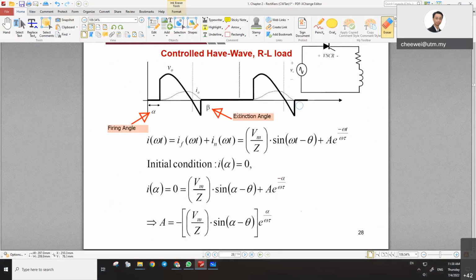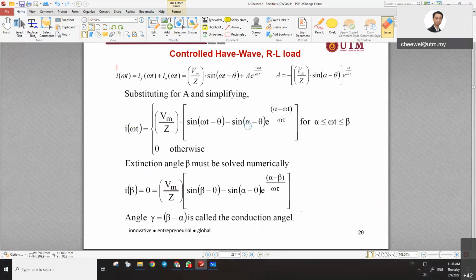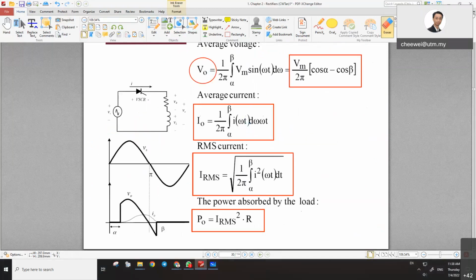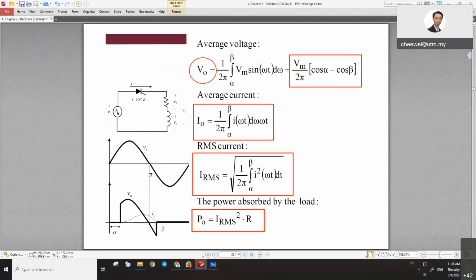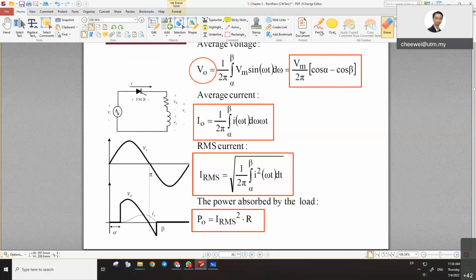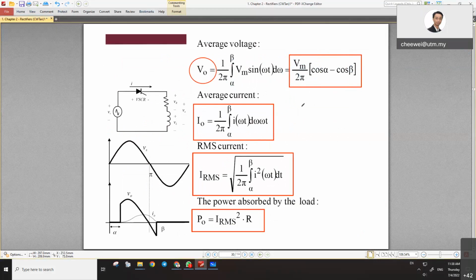This one we talked about already. This is known as the firing angle and the ending point is known as the extinction angle. If we integrate from alpha to beta, you will get this answer here on the right hand side, the first square box. Then we can play around with it.